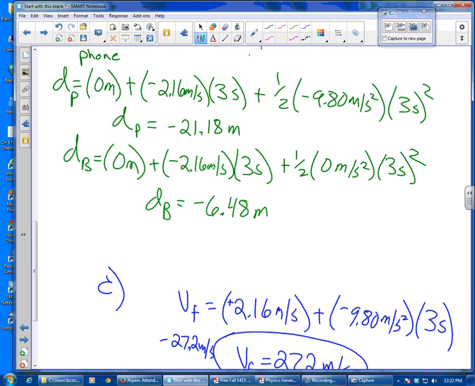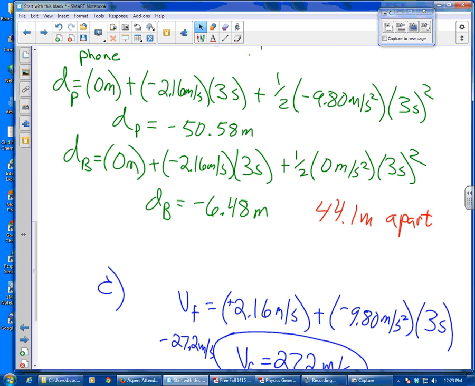Sorry, let me double check something. Sorry, not negative 21.18. I missed the sheet. It's at negative 50.58 meters. And if the phone is at 50.58 meters and the balloon is at 6.48 meters, they are 44.1 meters apart. So here's where the phone is, here's where the balloon is, and that's how far apart they are.